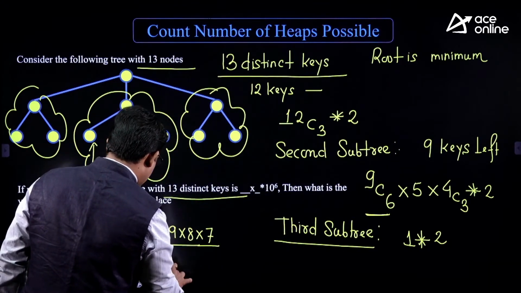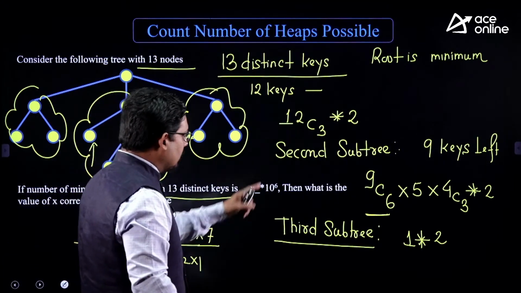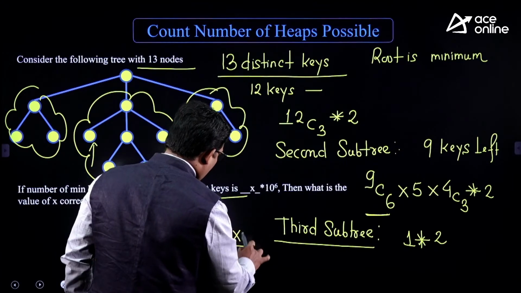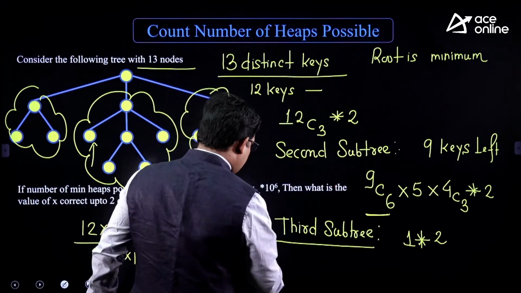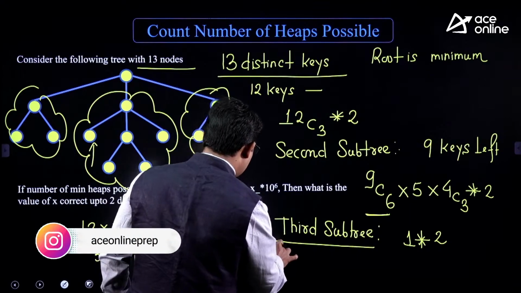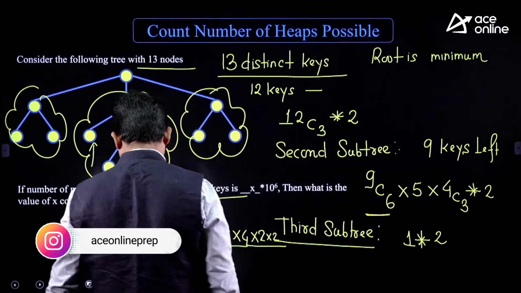Then multiplied by 5, then 4, then 2, and then multiplied by 2, and one more time 2. Okay, this is the total number of selections in this case.